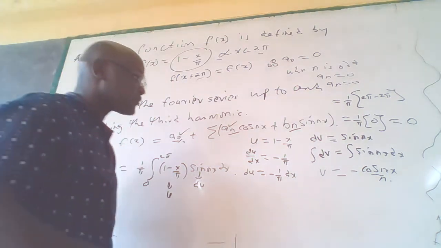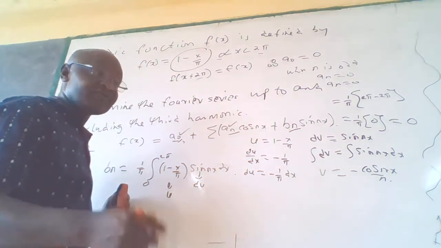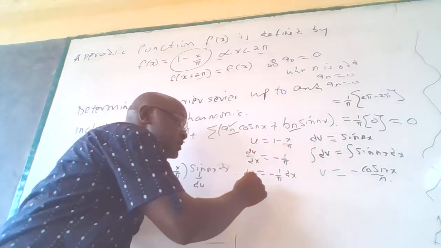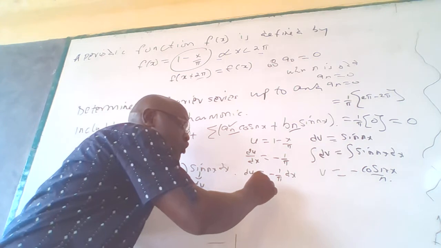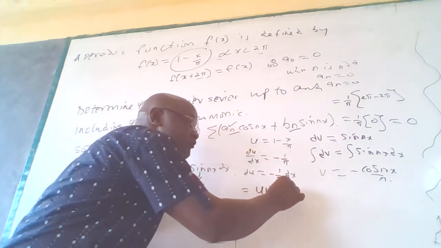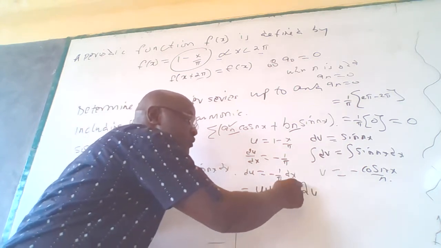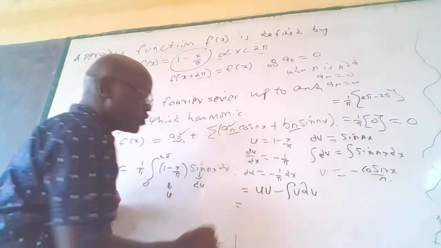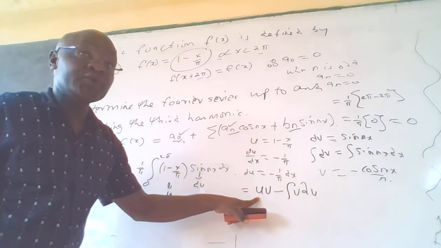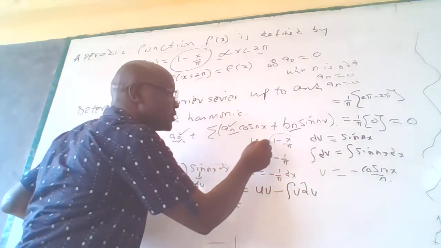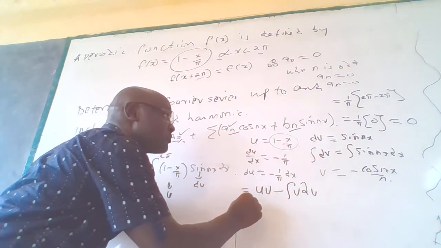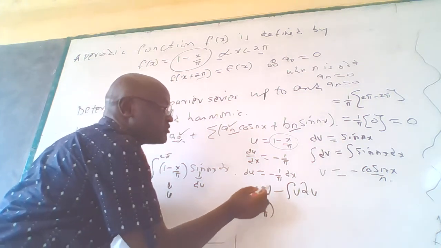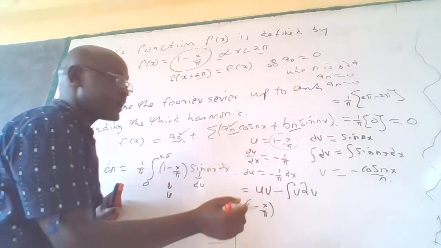Now, we have the value of v, we have the value of u. The integration formula is given by integration by parts: uv minus the integral of v du. So, to be equal to, we have now u, which is this one, 1 minus x over pi, then times v, which is minus.